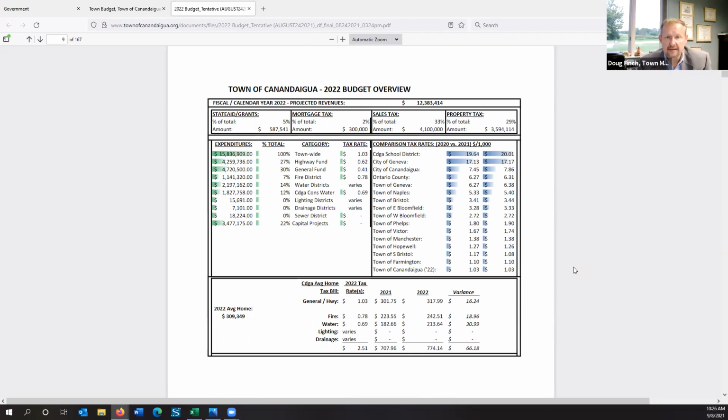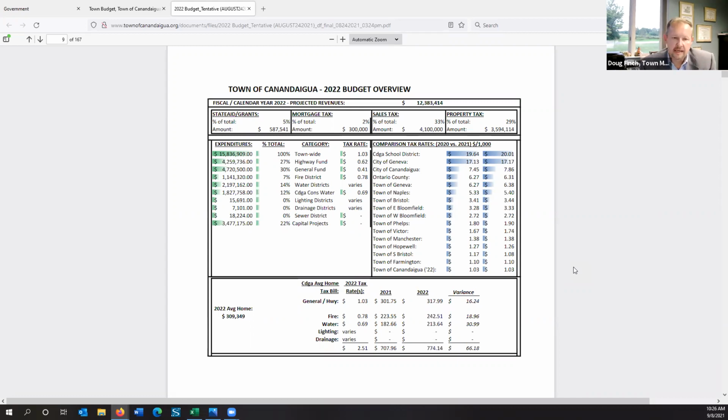So how does that compare? How does that compare with other municipalities? And kind of how much do we end up paying? This is what we call a budget overview, a budget at a glance. And I want to give credit to a good friend of ours in the community here that many of us know through many civic organizations.